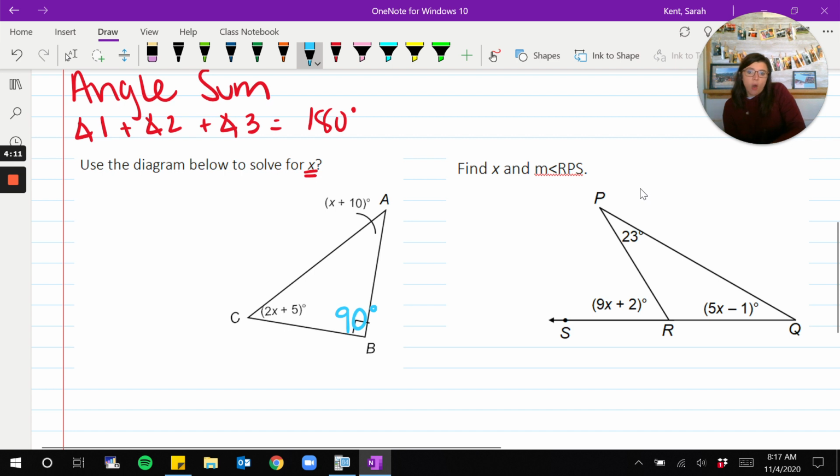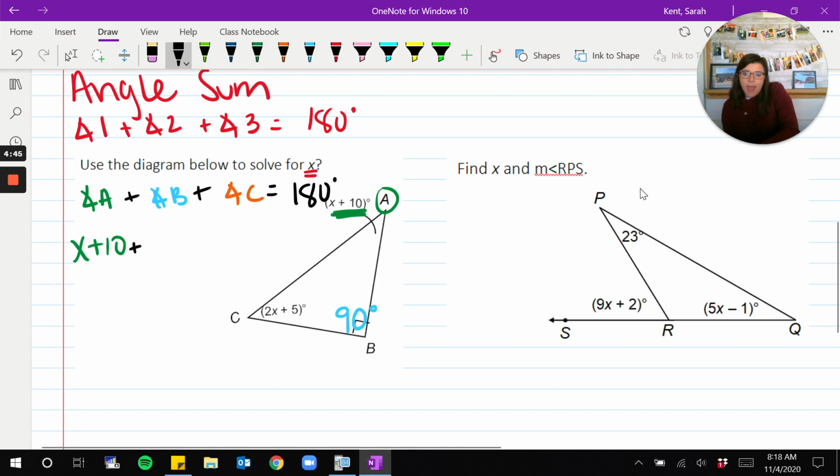Since we have all three angles, I can say angle A plus angle B plus angle C equals 180 degrees. When I go angle A, I'm going to plug in what I have for angle A, which is x plus 10.